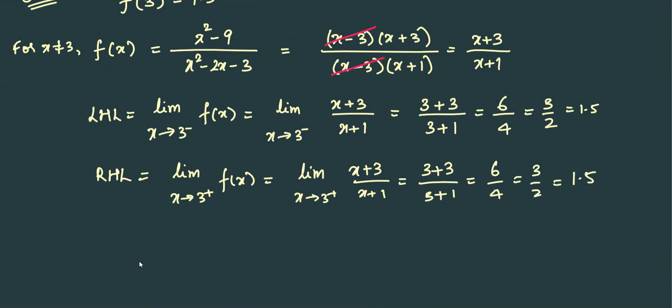So at x equal to 3, the left hand limit is equal to the right hand limit is equal to the function value at 3, which is 1.5.